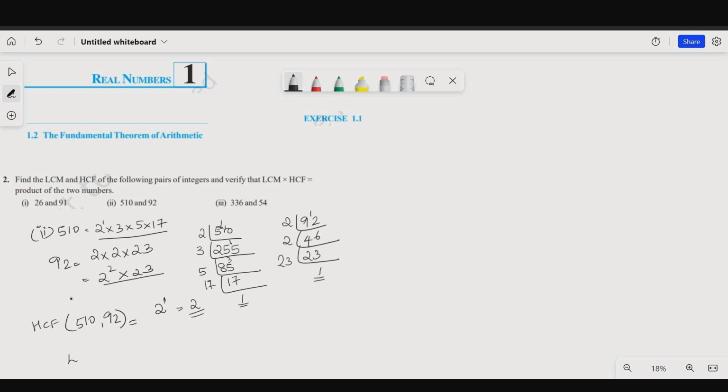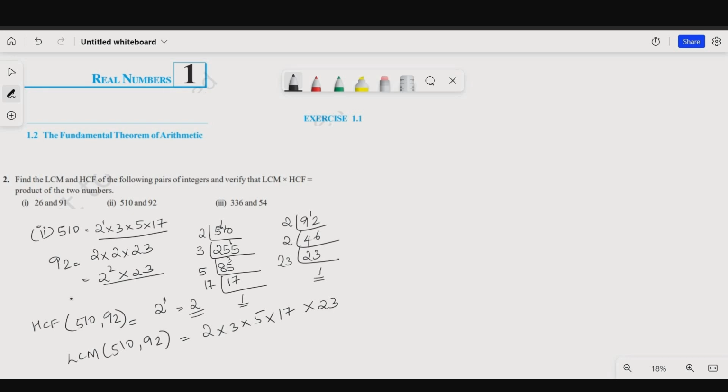Now let's find out the LCM. LCM of 510, 92. LCM means it's the product of the greatest power of each prime factor involved in the number. Here there is 2, 3, 5 and 17, and here the extra one is 23. Now take the greatest power of all these numbers.